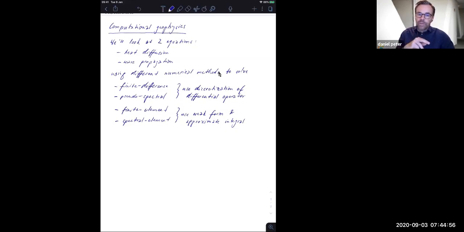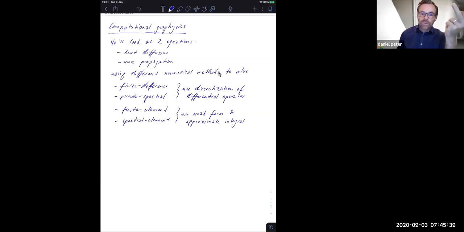We start with finite difference, which discretizes the differential operator, and then we continue with pseudospectral, and then finite element and spectral element, which use weak forms. Now, the discontinuous Galerkin method, for example in your rupture simulation with Sisal, is a further extension of the spectral element. Spectral element is a so-called continuous Galerkin method, whereas the Sisal code uses a discontinuous Galerkin method.